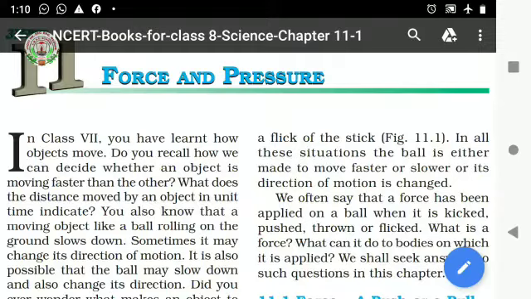Yes, we can decide whether an object is moving faster than the other by its speed. What is speed? Speed is the distance moved by an object in unit time. Or we can write speed is equal to distance upon time taken.